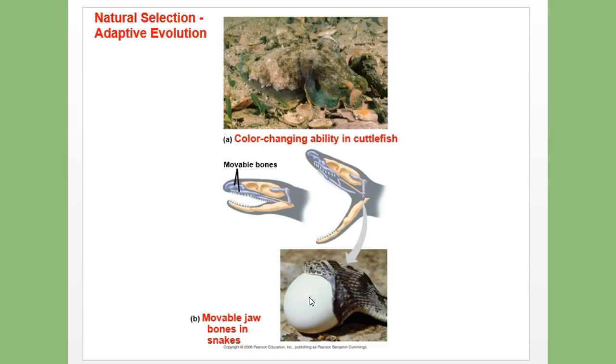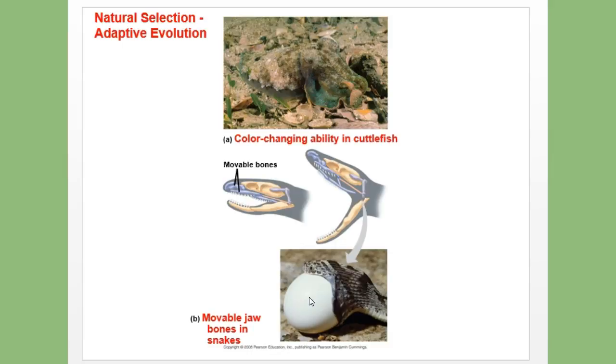Some examples. So the color changing ability in cuttlefish. In a split second, the cuttlefish can blend against its background, enabling it to hide from predators and surprise its prey. Alright, the movable jawbones in snakes. The skull bones of most terrestrial vertebrates are relatively rigidly attached to one another, limiting jaw movement.